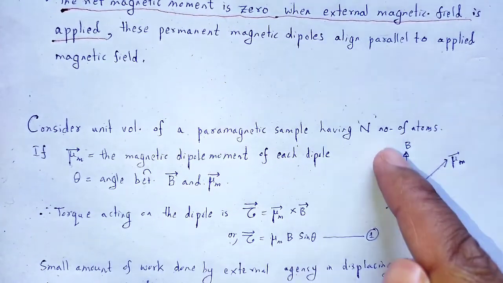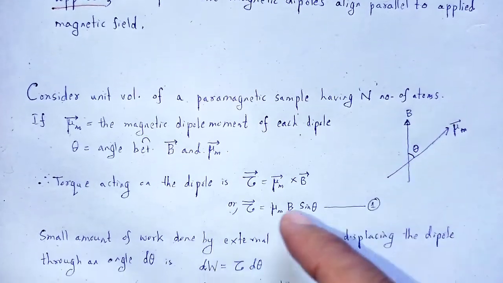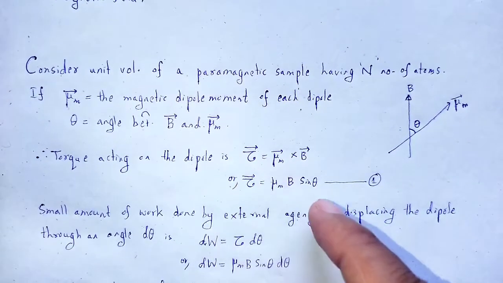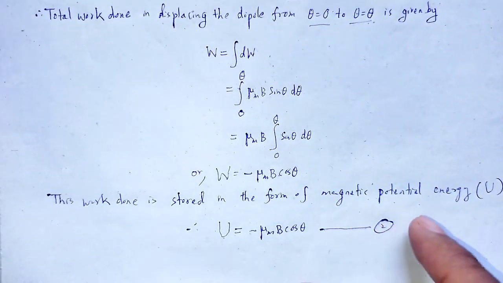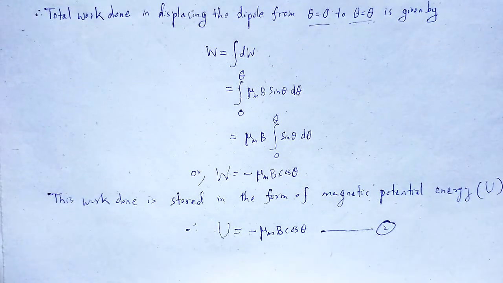First, taking the magnetic field acting on the magnetic dipole moment, then the torque and the work done, the total work done is nothing but the potential energy.